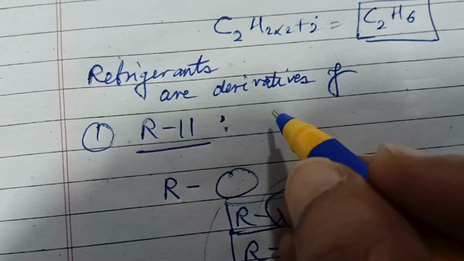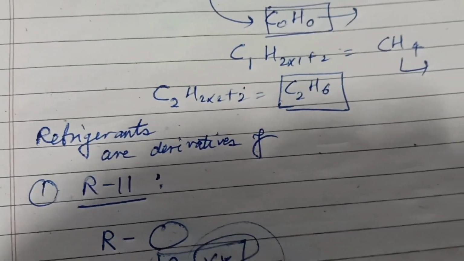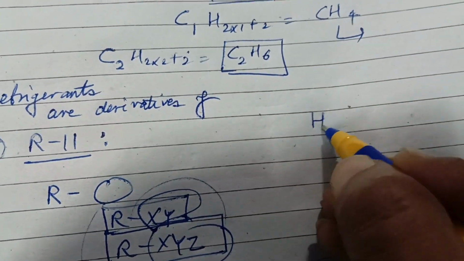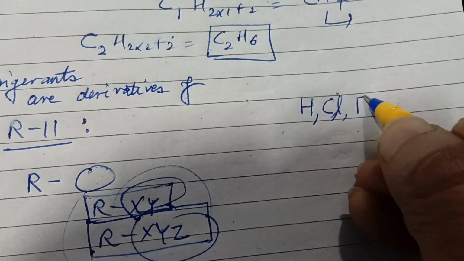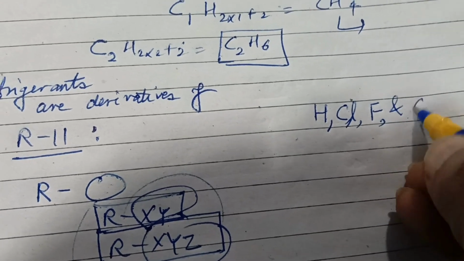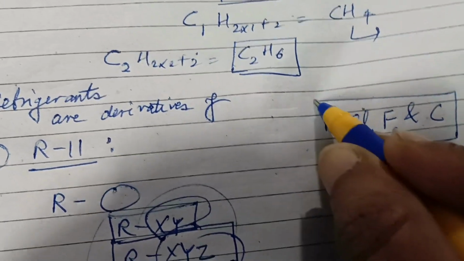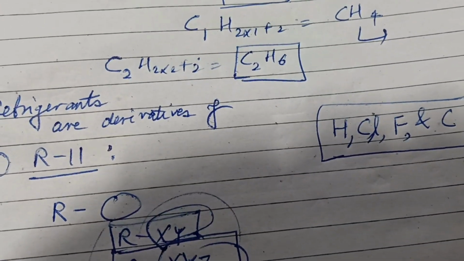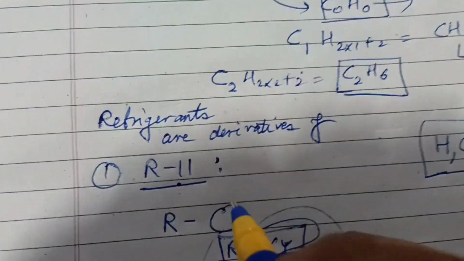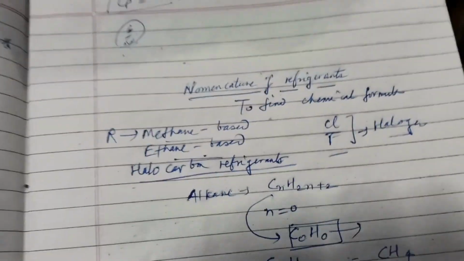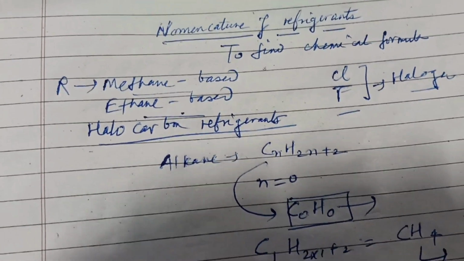If you have R11, you have to find the hydrogen, chlorine, fluorine and carbon, these four elements, based on this refrigerant. Just looking at two digits next to R, you will understand this is a methane based refrigerant.